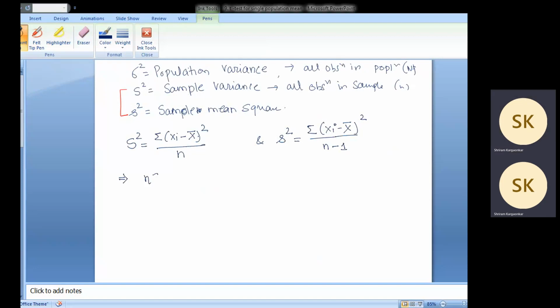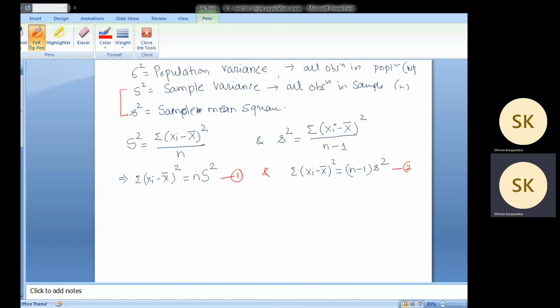If you do the cross multiplication, we get one common thing: the numerator summation xi minus x bar whole square is equal to n capital S square. Let's call it 1. And here, the numerator summation xi minus x bar whole square is equal to n minus 1 into small s square. Let's call it 2.